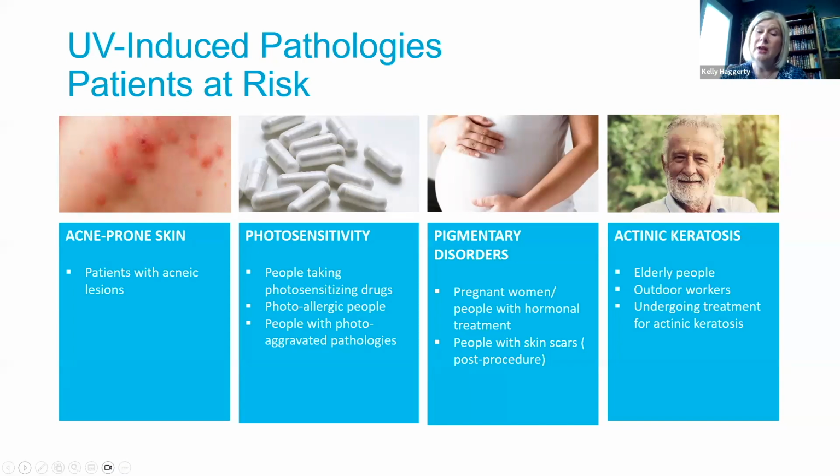Pigmentary disorders: you'll see this in pregnant women, people using hormonal treatments, and also patients who have had a lot of scarring, especially if it's been post-procedure. Actinic keratosis: think of elderly patients, outdoor workers, and people who are undergoing treatment currently for actinic keratosis and other sun-induced skin cancers. So these patients are going to be at high risk for pathologies that are induced from sun.